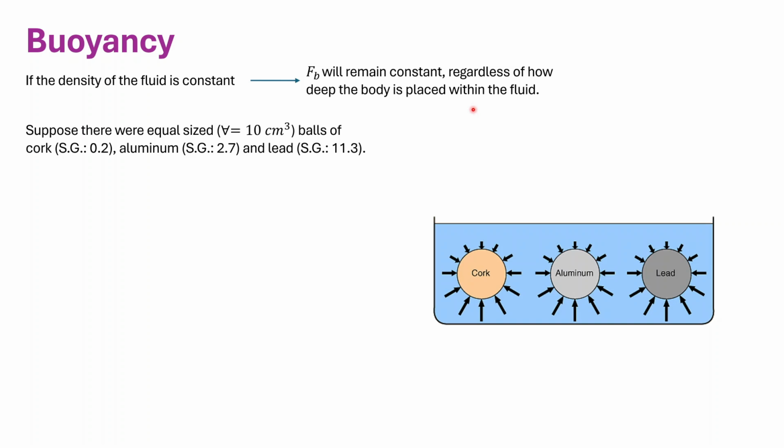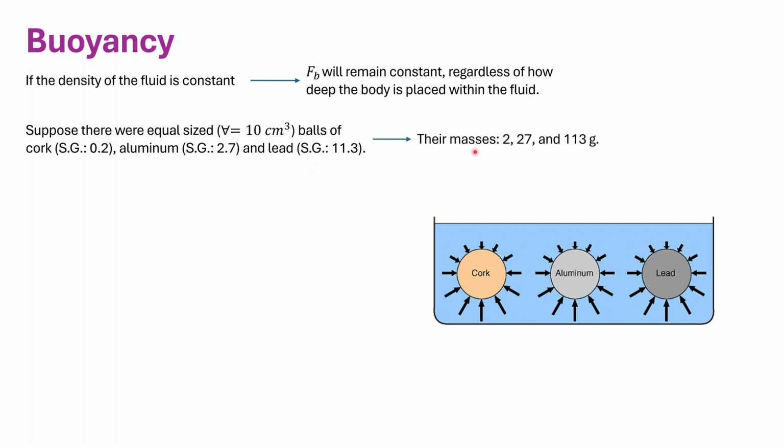Let's look at an example here. Suppose there were equal-sized balls of cork, aluminum, and lead, in which the volume of each of them is 10 centimeters cubed, and the specific gravity of cork is 0.2, specific gravity of aluminum is 2.7, and specific gravity of lead is 11.3.